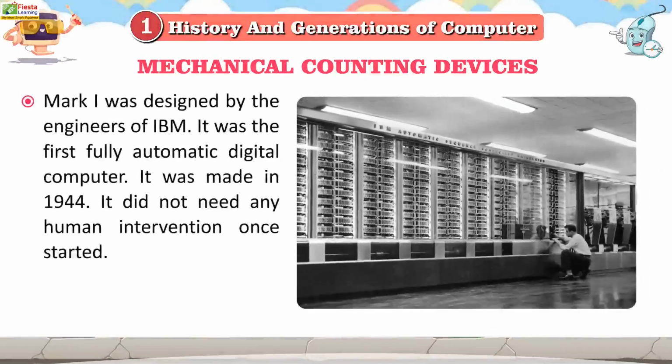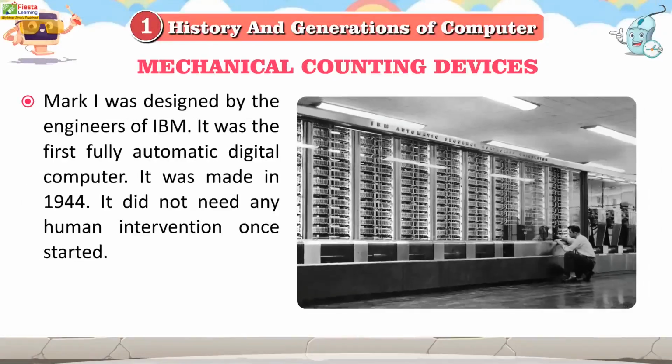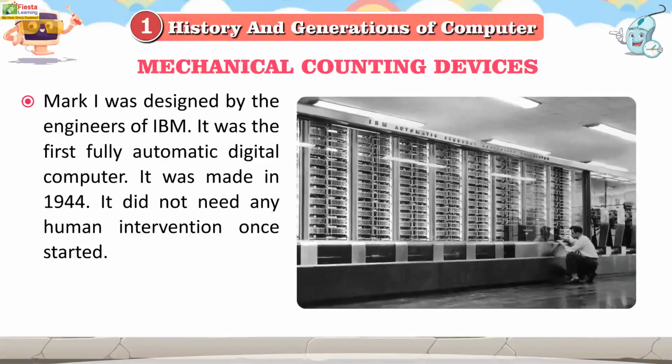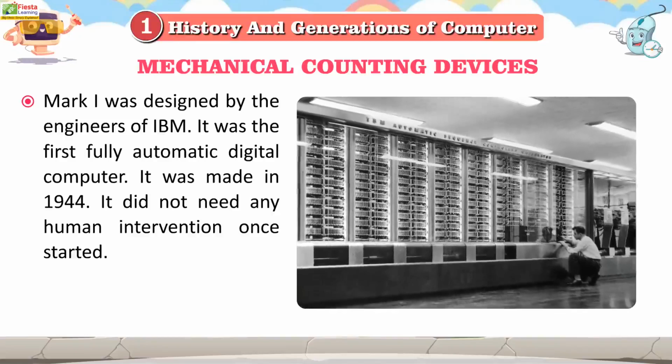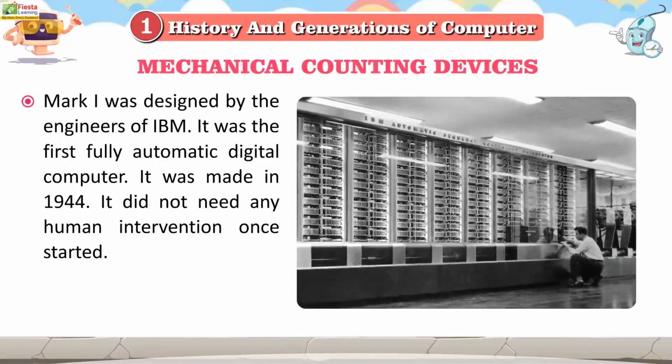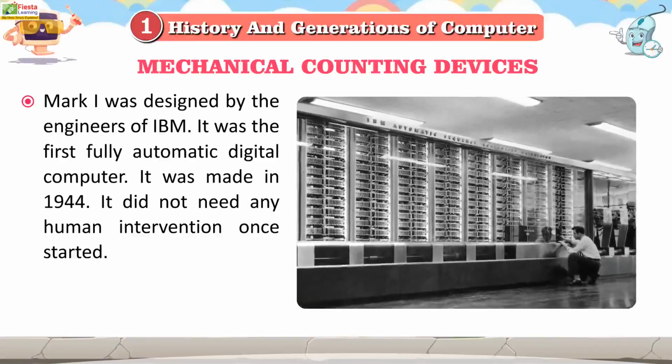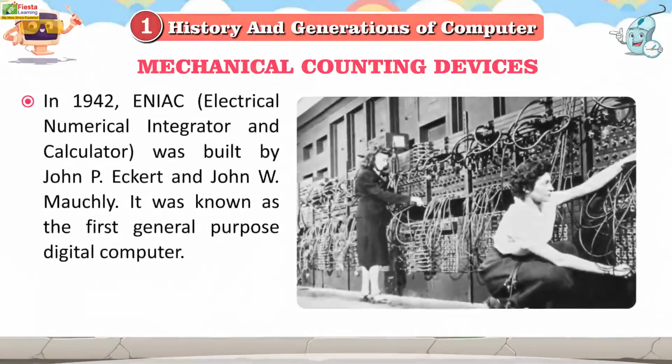Mark I was designed by the engineers of IBM. It was the first fully automatic digital computer. It was made in 1944. It did not need any human intervention once started.